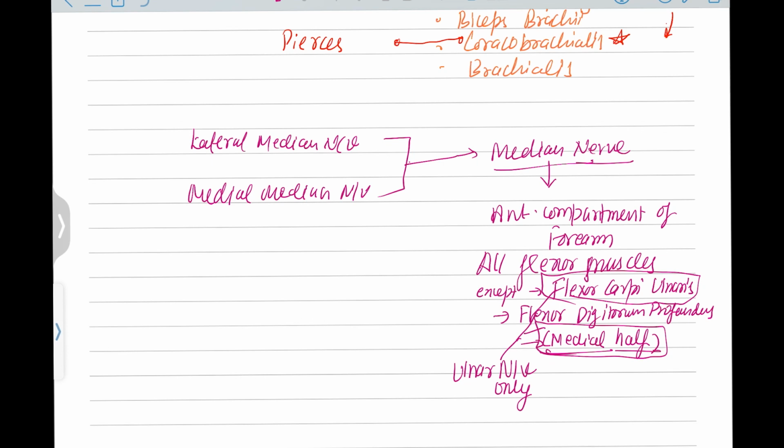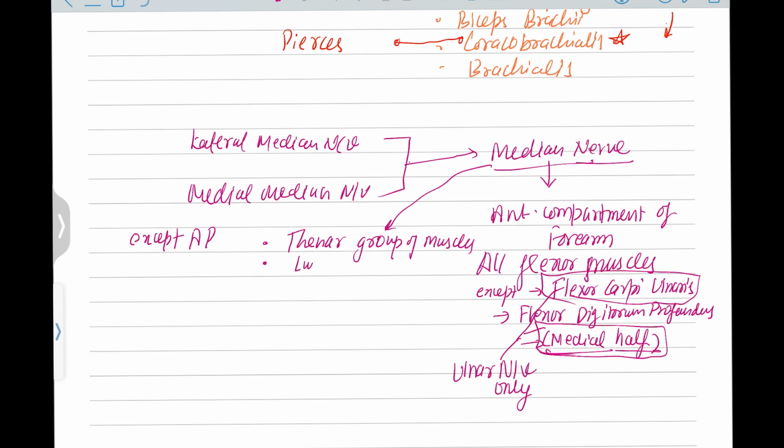And then the median nerve moves laterally towards your hand and it is going to supply the thenar group of muscles except adductor pollicis. I don't think it is that important, but yeah, adductor pollicis, and then another muscle group is going to be the lumbricals.